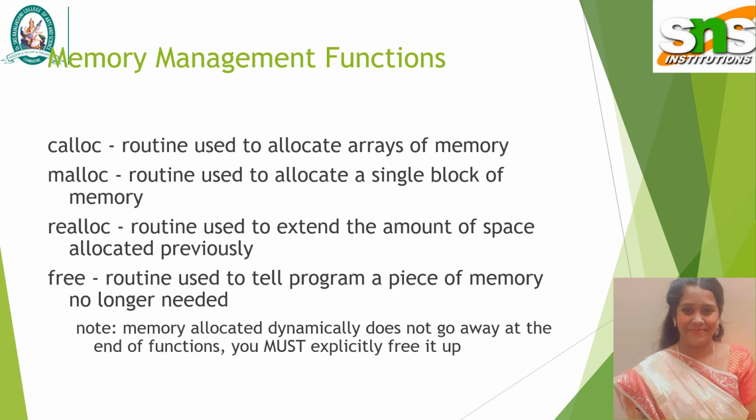Whereas realloc is used to extend the amount of space that was allocated previously. When we go for free, the routine is asked to tell that a piece of memory is no longer needed at all. So the memory can also be allocated dynamically, that does not end with the function, and we must explicitly free it up with the help of these memory management tasks.